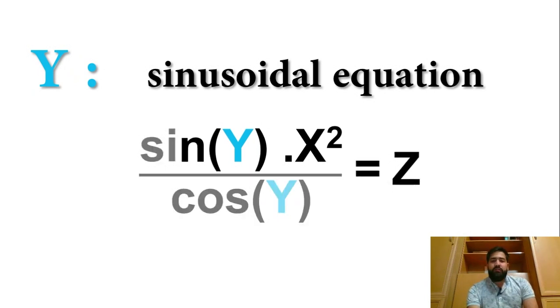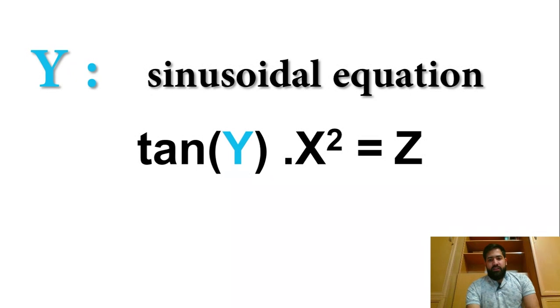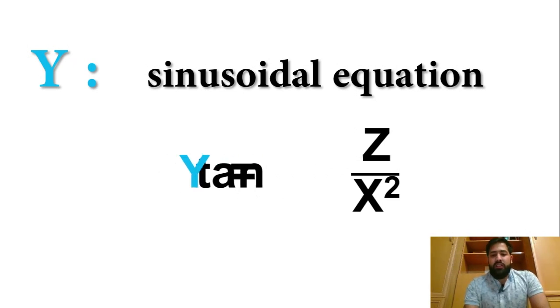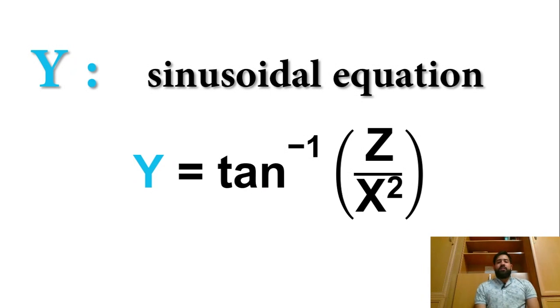Now we have z divided by x squared is equal to tangent of y, and simply we can get y. y is equal to inverse tangent of z divided by x squared.